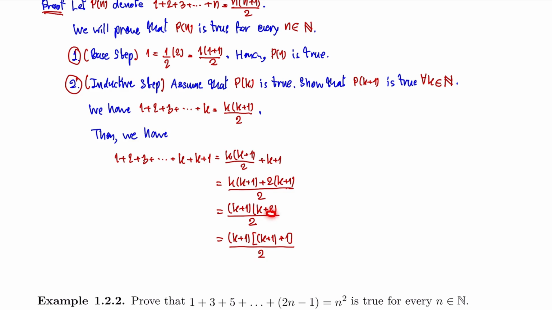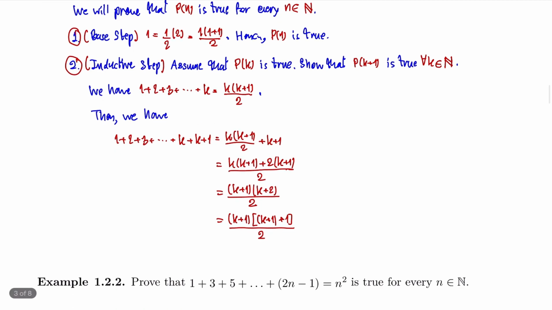Because 2 becomes 1 plus 1. So now we have k plus 1 times k plus 1 plus 1 over 2, which is the sum of consecutive numbers from 1, 2, 3 all the way to k plus 1. This shows that from k becomes k plus 1, the inductive step is true.